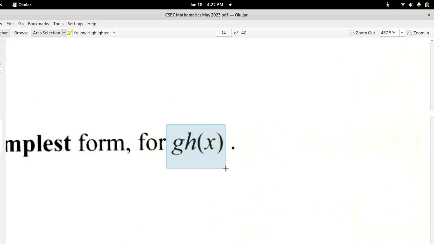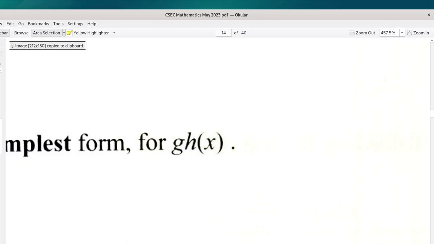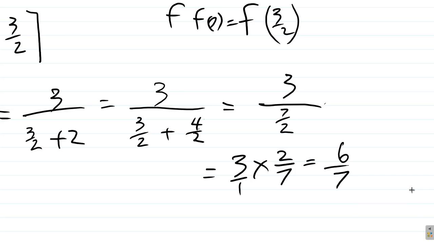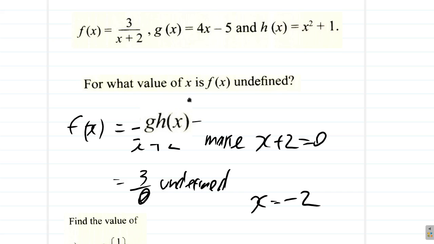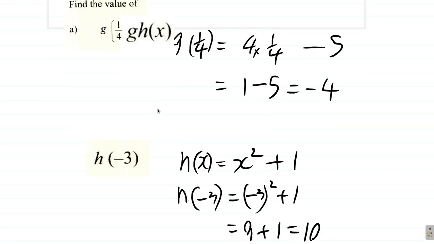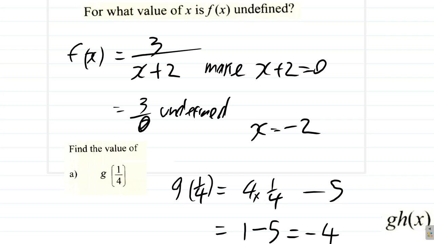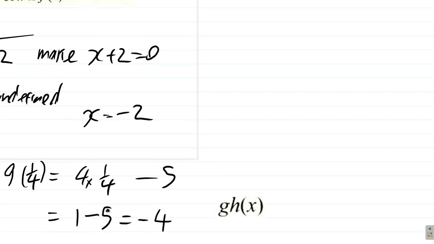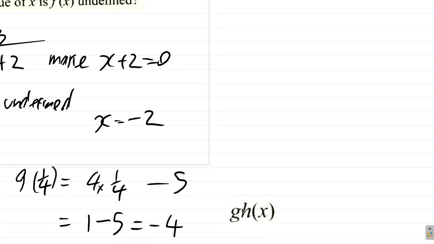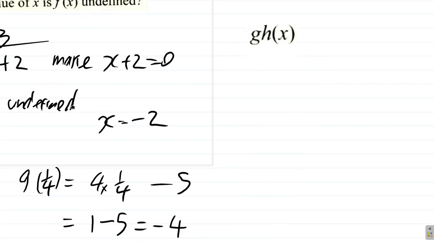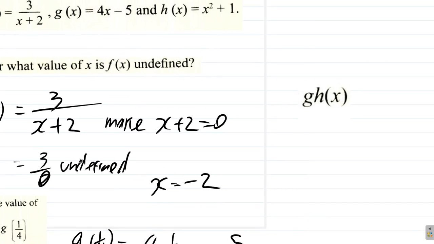Let me just copy the gh of x part and paste it over here. So we want gh of x. Let's just work it out to the side here, instead of scrolling all the way down there. So gh of x.